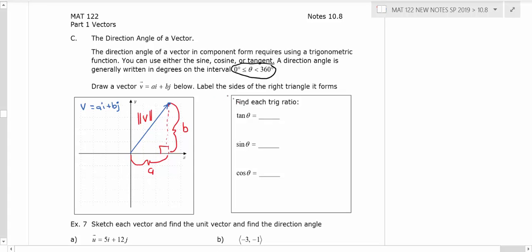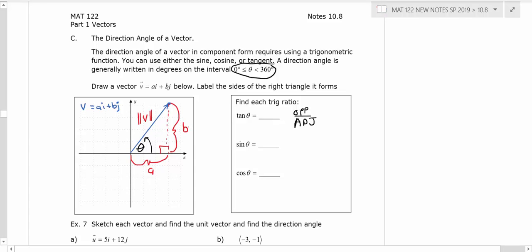So if you look at this diagram right here, the angle theta would always be the angle from the positive x-axis to wherever you are around the circle. In this diagram, the tangent, remember, is opposite over adjacent. So what would that be?